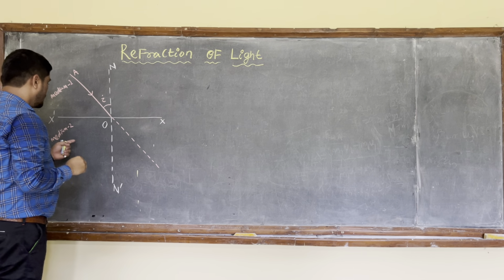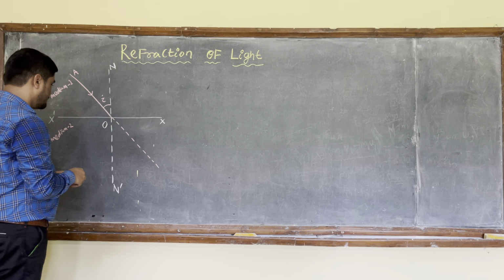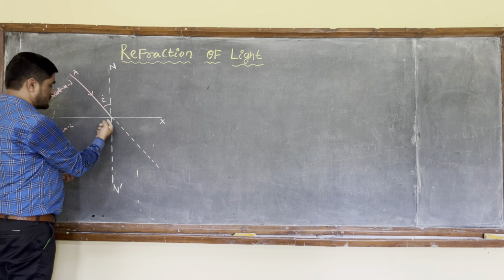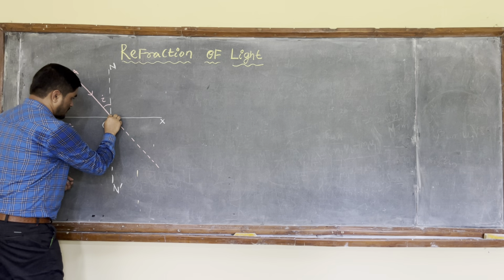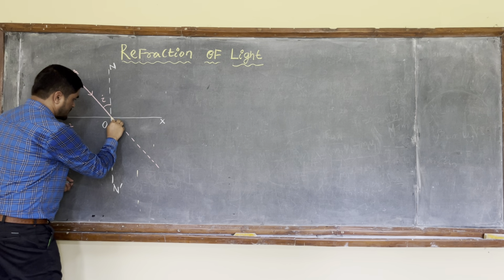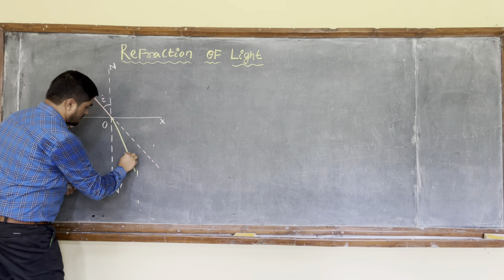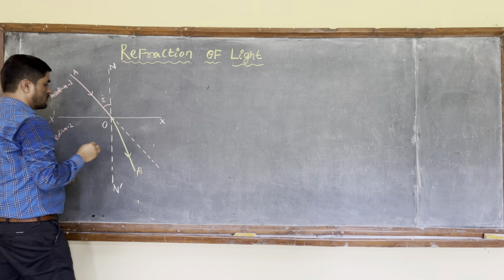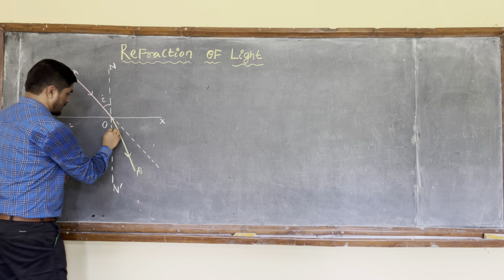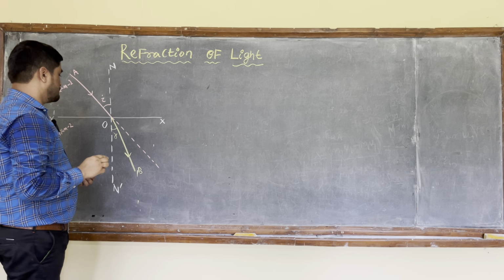But here another medium is present, so due to the presence of another medium, the incident ray will change its path when it enters the other medium. So this will be the refracted ray OB, and this angle is known as the angle of refraction.